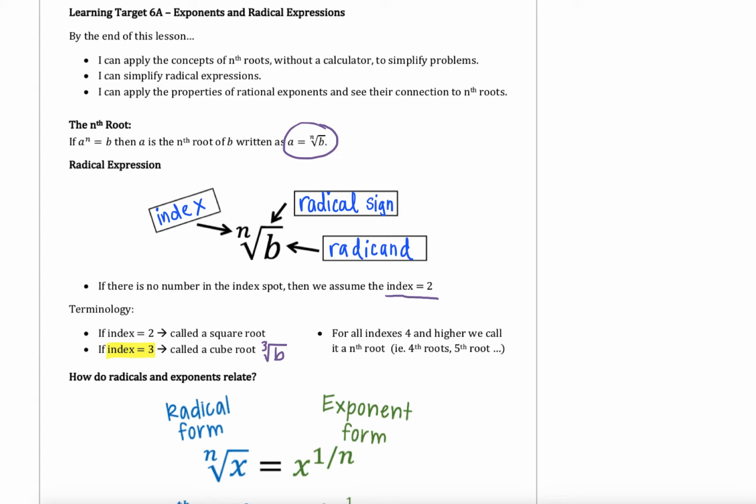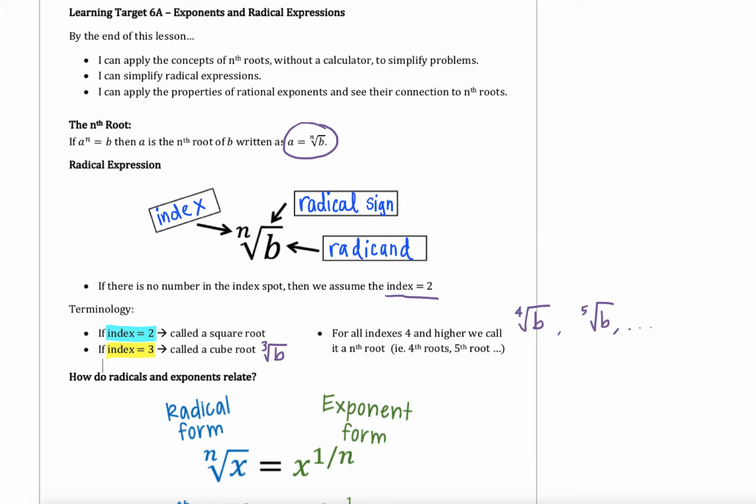We would just call that the 4th root, 5th root, 6th root, 7th root, etc. And what those would look like then is I would have a 4 as my index, and then the radical symbol to mean the 4th root, and then whatever's inside, so I'll just keep it the same with this b value. And we could also see that for a 5th root of b, and so on. But if no number is written there, it is still what we would assume to be our square root. And so if our index is 2, that is still our square root, and we would not write any number in the spot of the index.